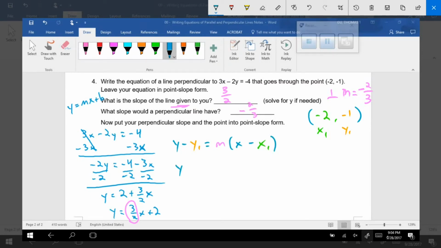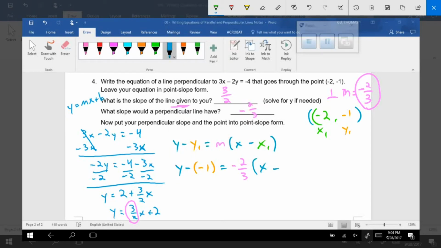So y minus, what is y1? y1 is a -1, so y minus -1 equals, what is our slope? Our slope right here is -2 over 3, times x minus, where is x1?